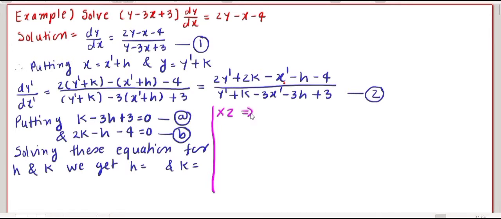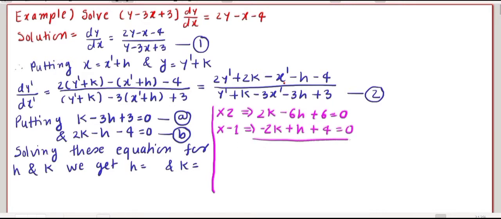We get 2k minus 6h plus 6 is equal to 0, and multiply equation B by minus 1. We get minus 2k plus h plus 4 equal to 0.